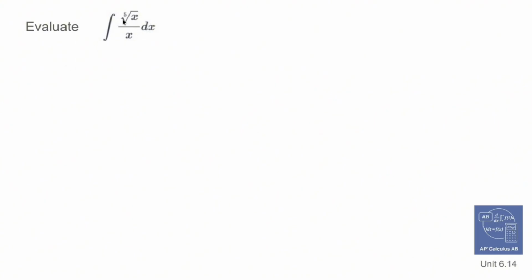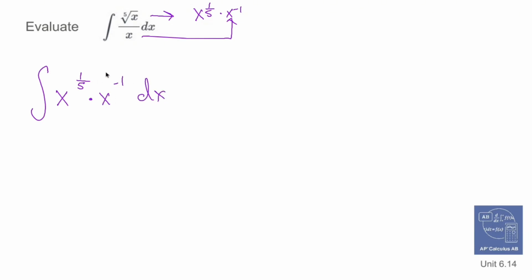Evaluate the integral of the 5th root of x over x. Let's change the way this looks. First off, the 5th root of x is also x to the 1/5, right? So while I'm doing that, I'll make it x to the 1/5, and you're like, whoa, whoa, whoa, what about the denominator? Let's move that up and make it x to the negative 1st, so times x to the negative 1st dx. Two x's are multiplied together, add the exponents, so this is x to the negative 4/5 dx.